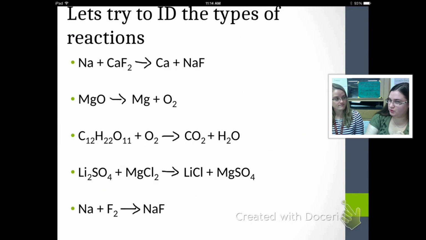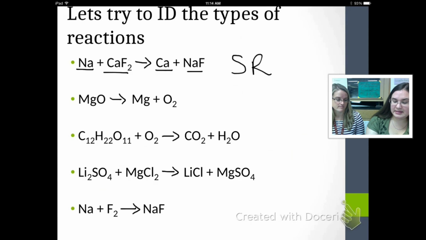Here on our first example, Na, which is a single element, with a compound, breaking into a different single element and a different compound. So an element plus a compound, you were saying single. Single kind of gives it away. A single element with a compound, so single replacement.